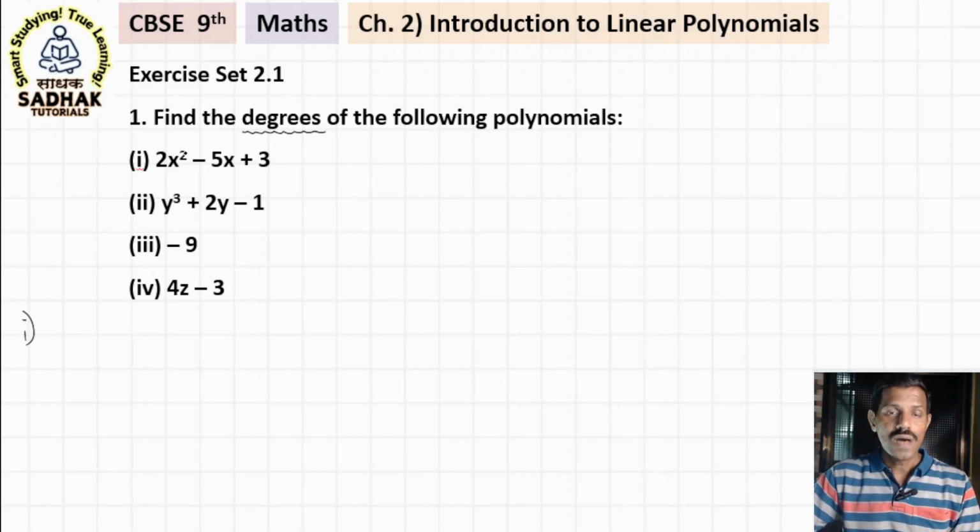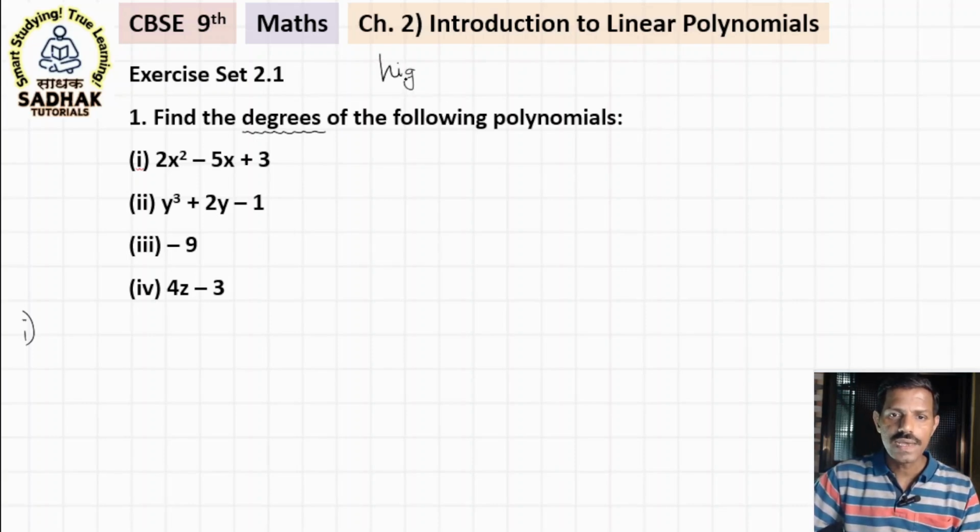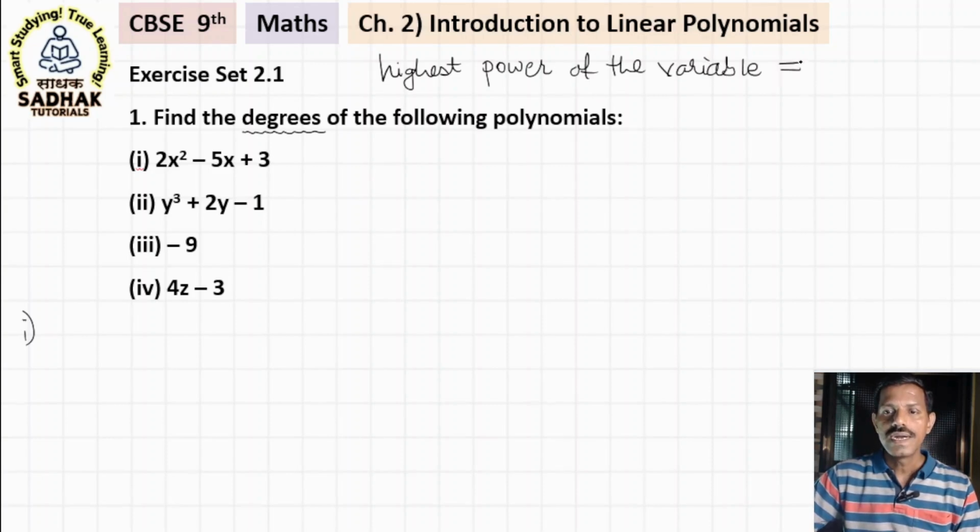So the highest power of the variable is taken as the degree of that given polynomial. Let me write it here: the highest degree, or we can say the highest power of the variable, is the degree of that polynomial.